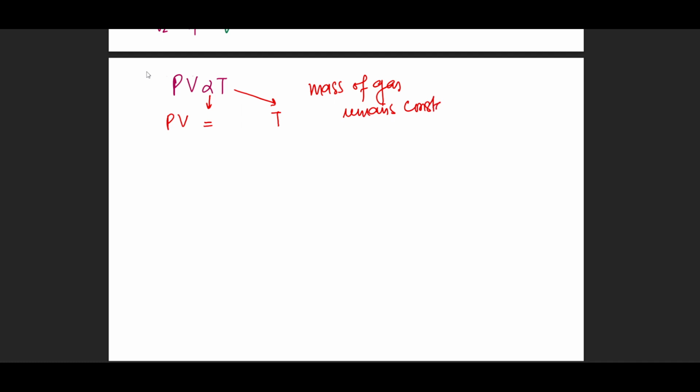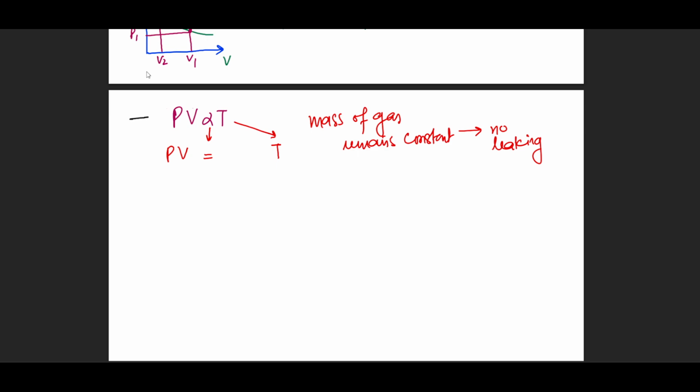Now, why do we have to say this? Because we want to make sure that there is no leakage of the gas. Because if the gas molecules are escaping, then it defeats the idea, because gas molecules have to collide with the surface of the container to create pressure. If the gas molecules are escaping, then the pressure will not maintain this relationship anymore.